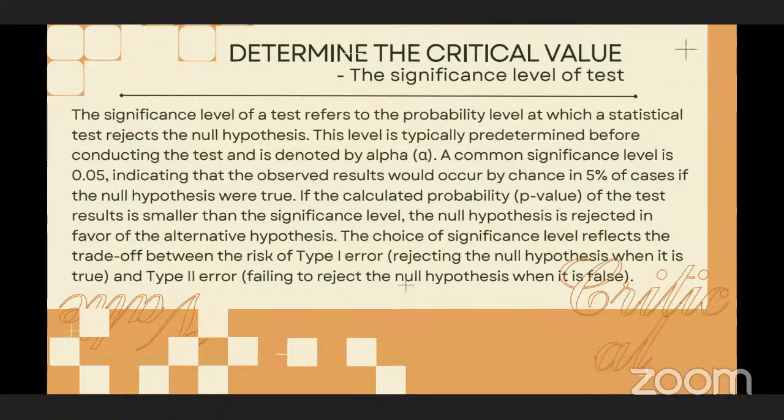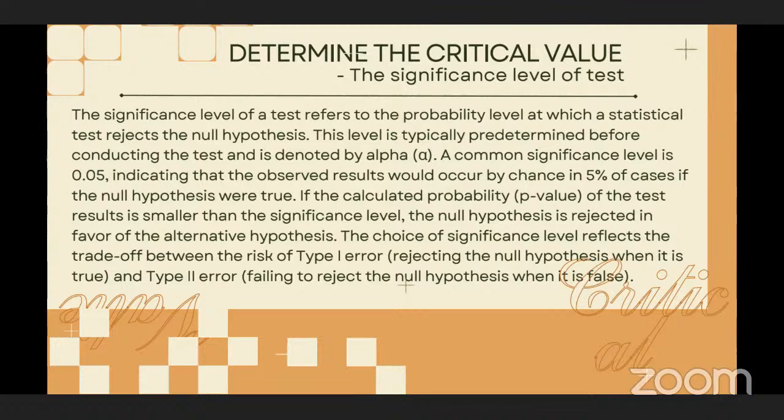The second step is to determine the critical value or the significance level of the test. The significance level of a test refers to the probability level at which a statistical test rejects the null hypothesis. This level is typically predetermined before conducting the test and is denoted by alpha.